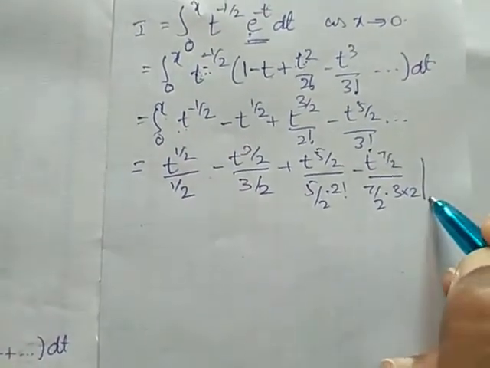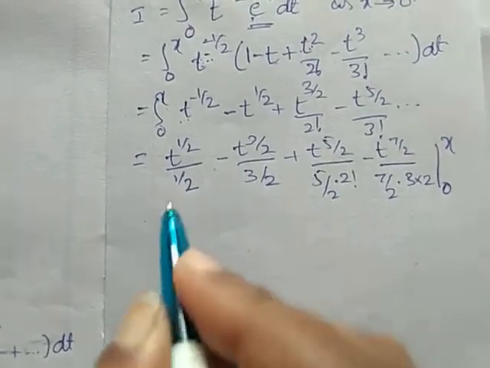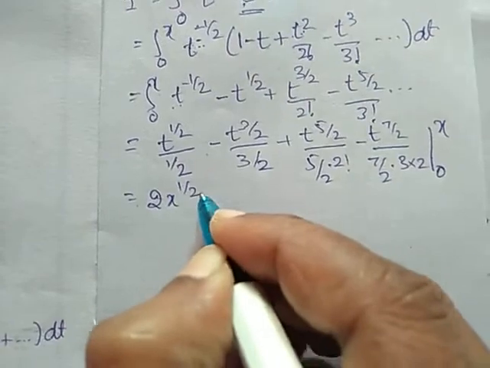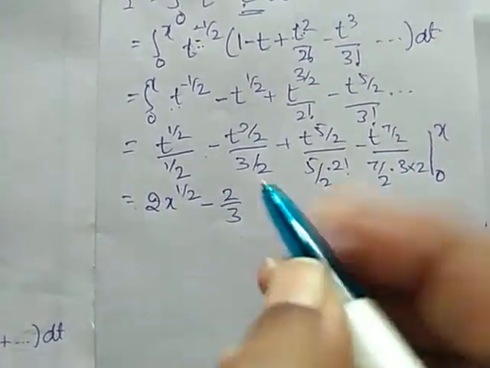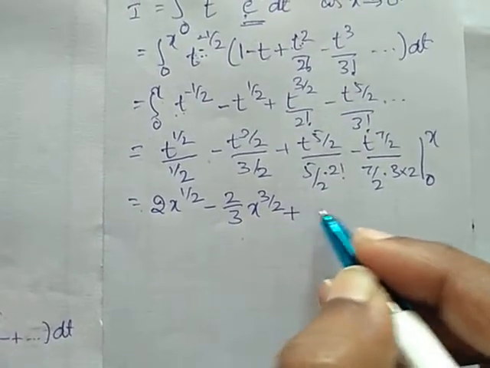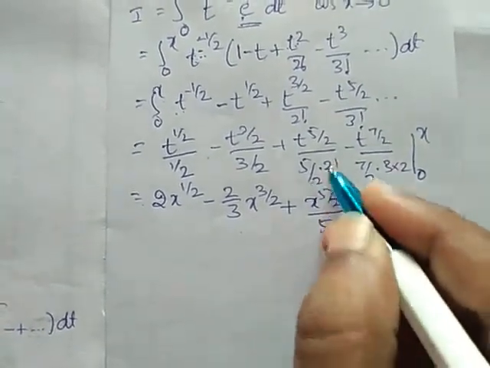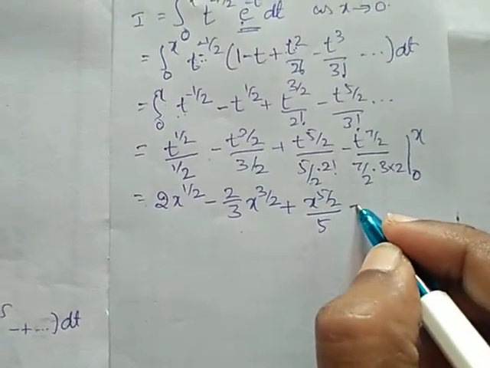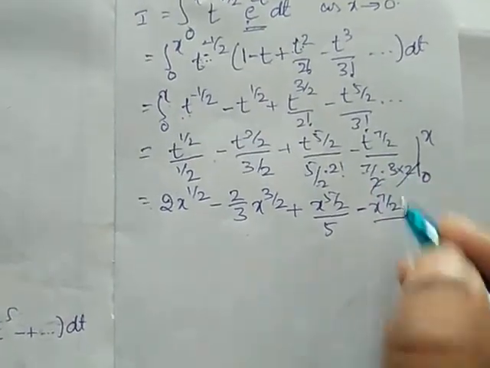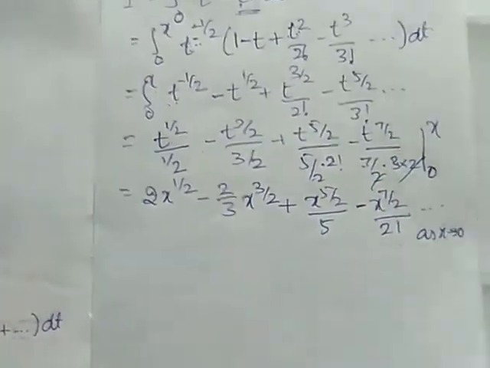So when we substitute the limit, we will get the solution as 2 x power 1 by 2 minus 2 by 3 x power 3 by 2 plus x power 5 by 2 by 5, 2 will get cancelled, minus x power 7 by 2, 2 gets cancelled, 21, etc., as x tends to 0.